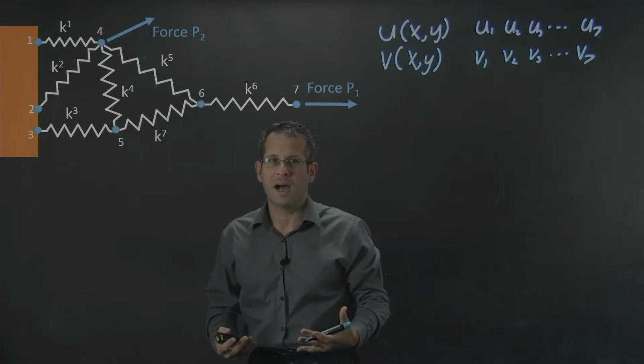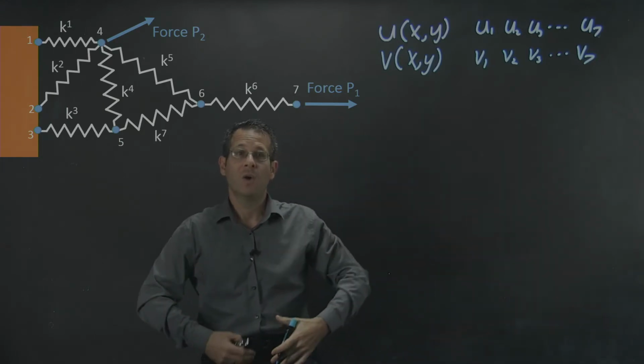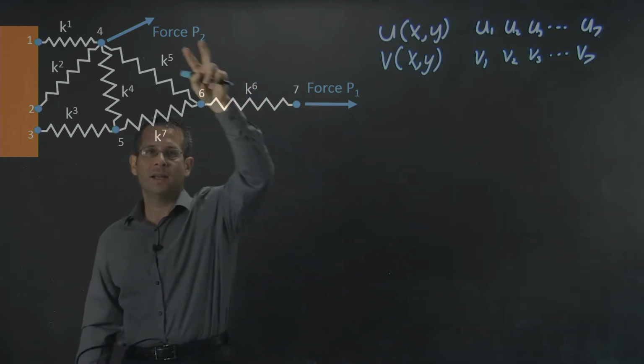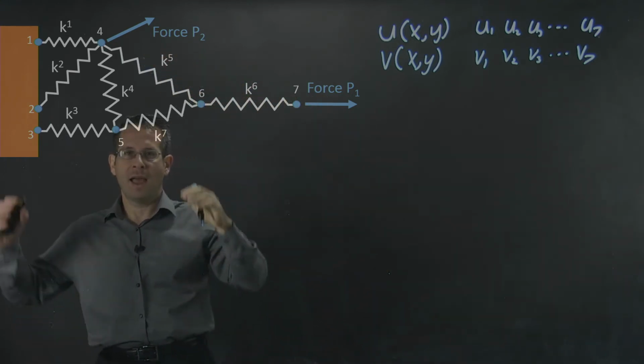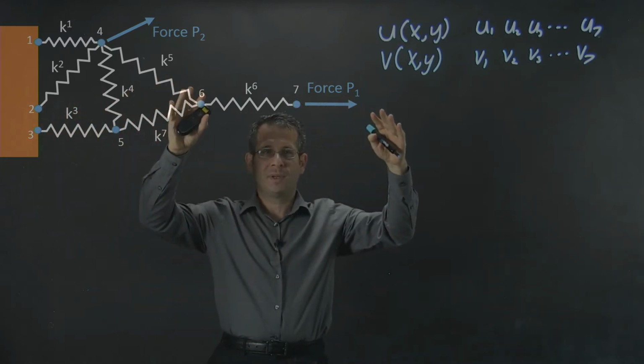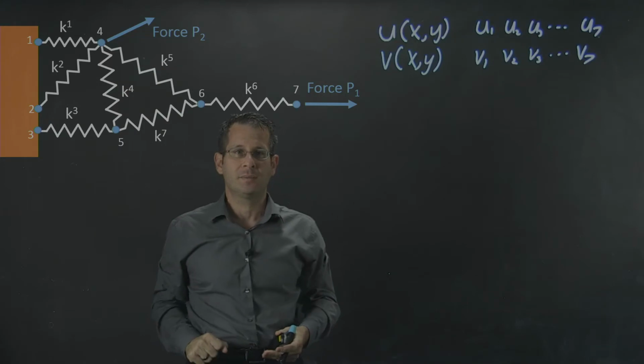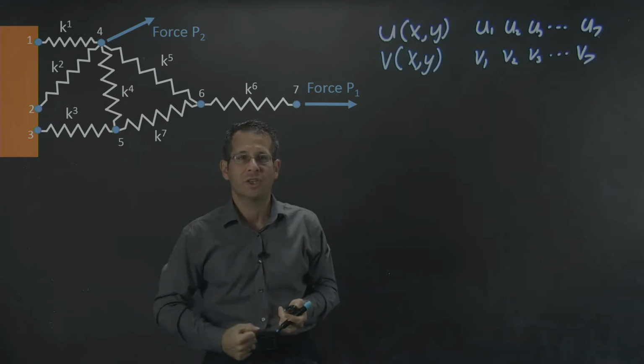What do I mean by the minimum potential energy? Well, the first thing we need to understand is that when we applied these forces and this object was displaced, there's now potential energy stored in this system. What do I mean by potential energy stored in the system?